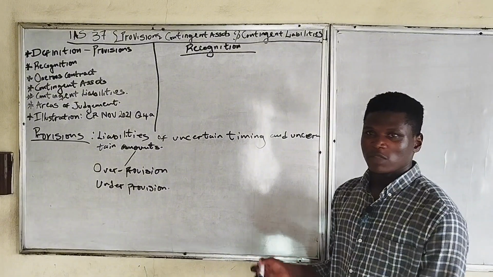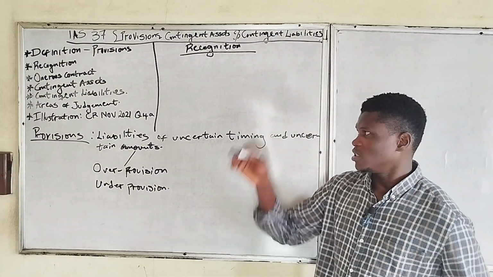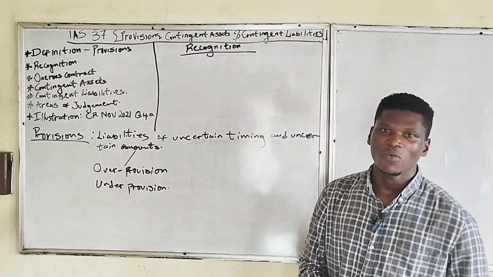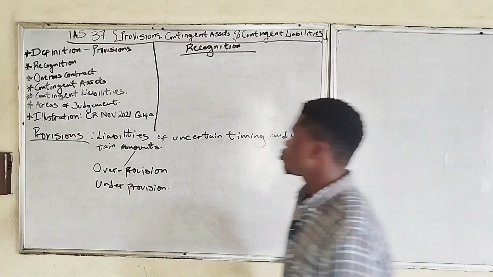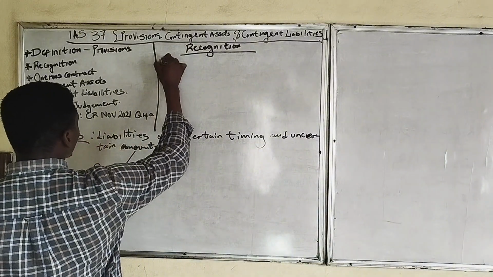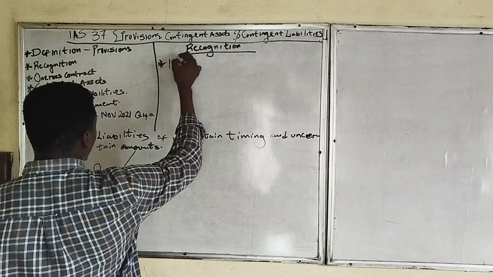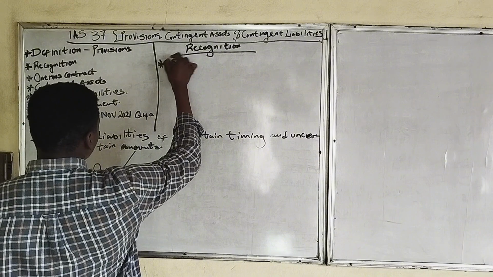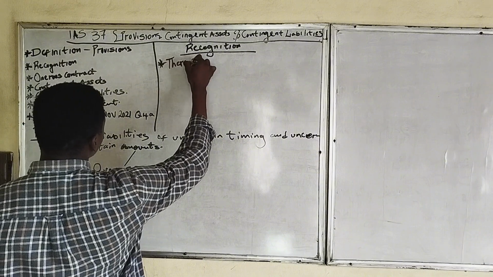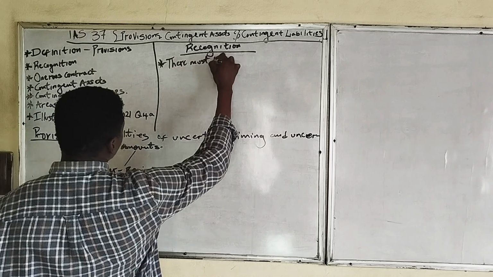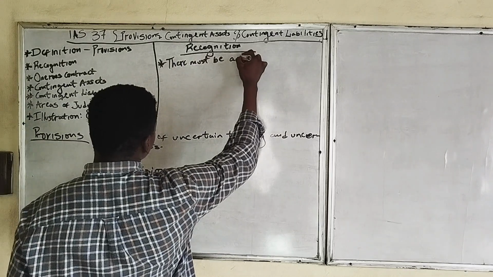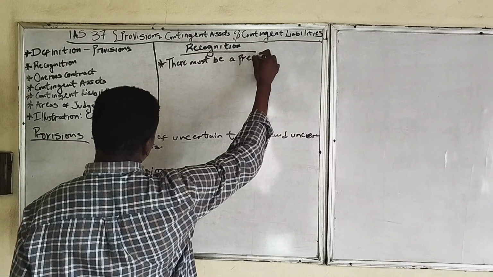We've talked about liabilities before. The recognition of a liability is that of the recognition of a provision. So one is that there must be a present obligation.